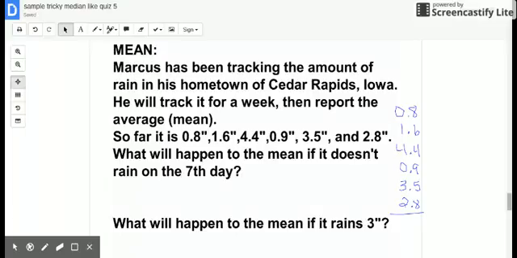8 plus 6 is 14. Another 4 is 18. Plus 9 is 27. Plus 5 is 32. Plus 8 is 40. Carry my 4. 4, 5, 9, 12, 14. Kept my decimals lined up.